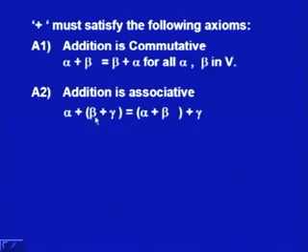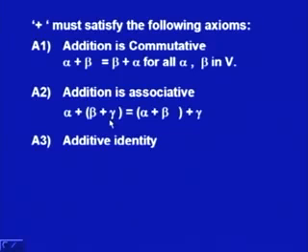That means it does not make a difference whether we add beta plus gamma first and then add alpha to it, or we add alpha plus beta first and then add gamma. In fact, this means these brackets are meaningless. We can ignore them. So, if this property of addition is satisfied, then we say addition is associative.